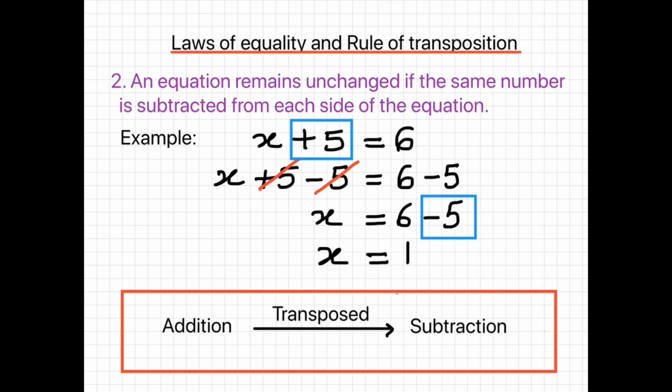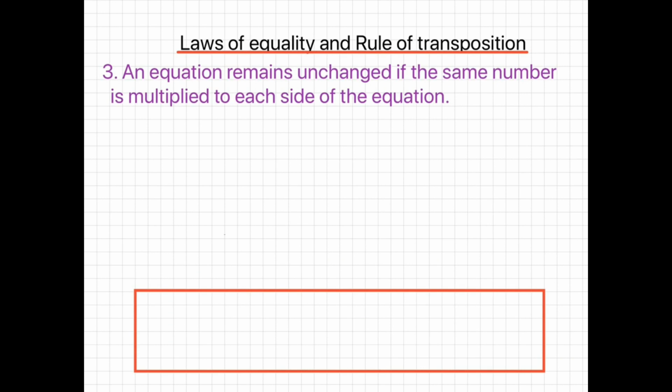Now let us look at the third law of equality. An equation remains unchanged if the same number is multiplied to each side of the equation. To understand this point, let's look at one example. x/3 = 2.